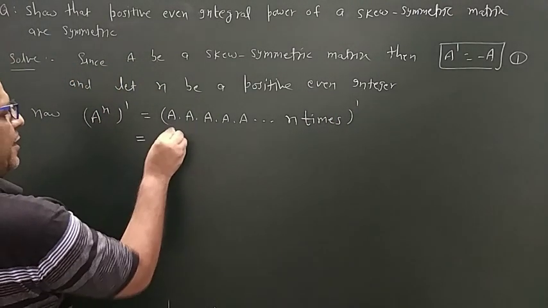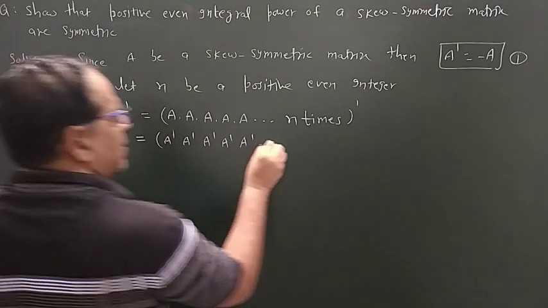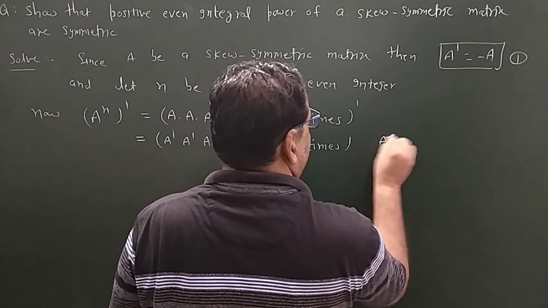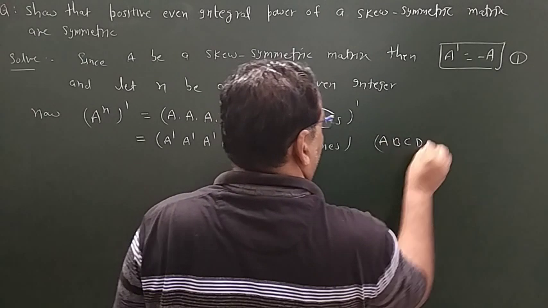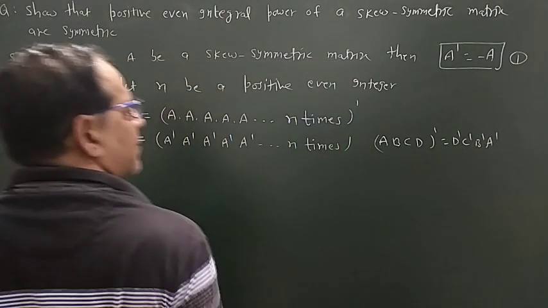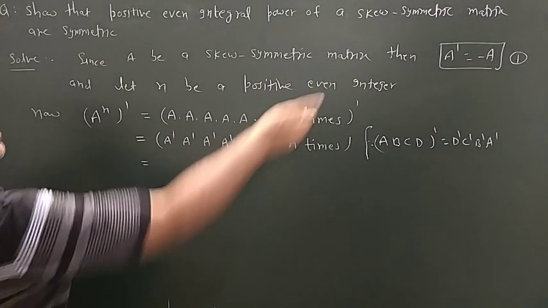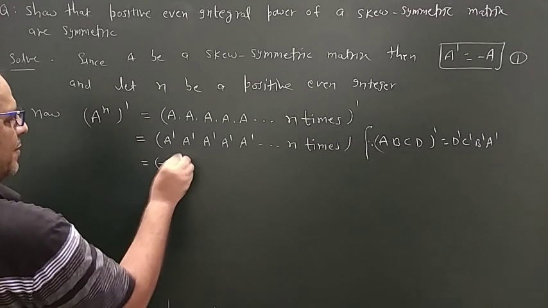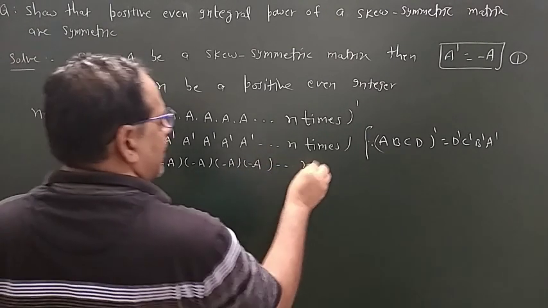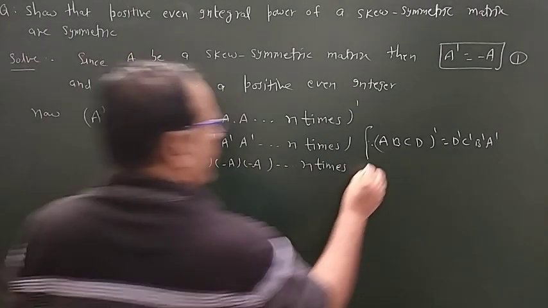This can be written as A dash, A dash, A dash, A dash, A dash, n times, according to the property of transpose of matrices: (ABCD) whole transpose equal to D dash C dash B dash A dash. Now this can be written as, because A is a skew symmetric matrix, minus A, minus A, minus A, minus A, n times, from equation first.